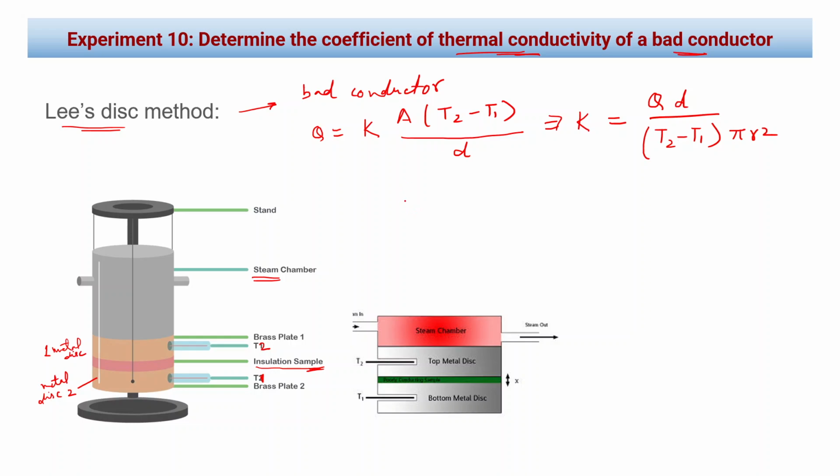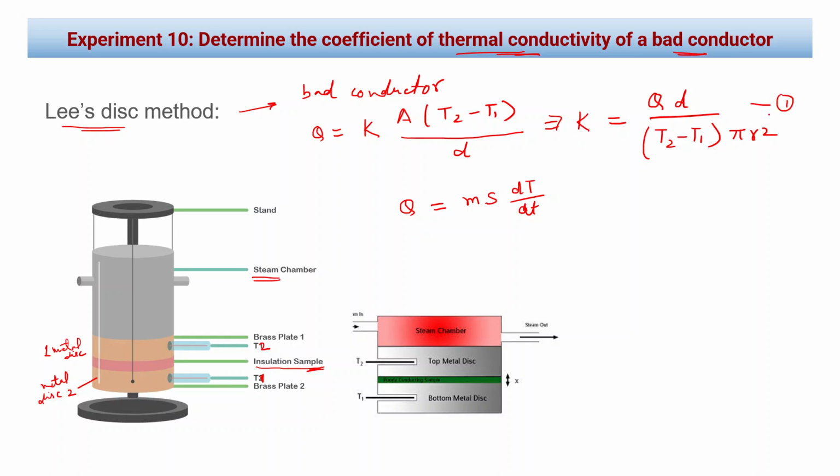From this definition we understand that this rate of flow of heat will be given by mass of the material times the specific heat capacity, if I denote it by S, times the rate of change of temperature per unit time. So this will be the rate of heat transfer.